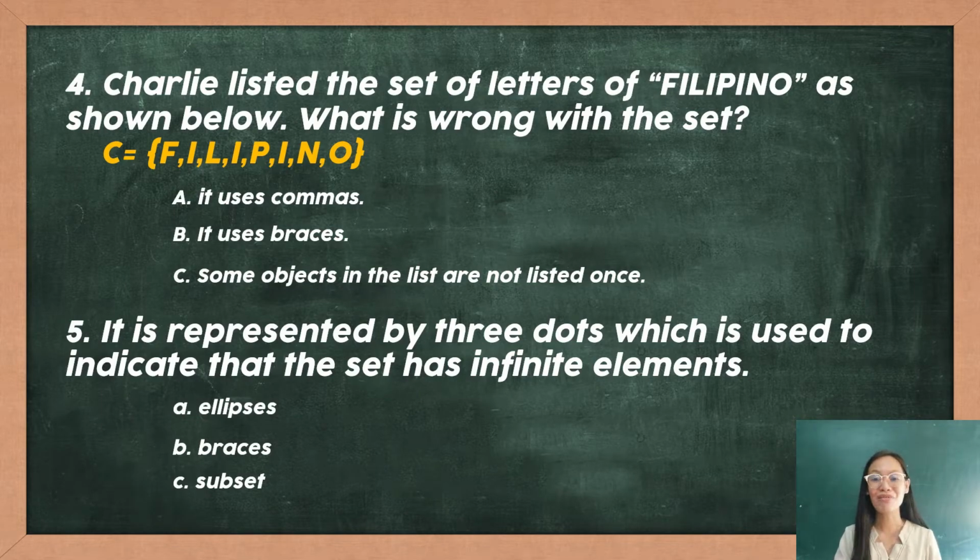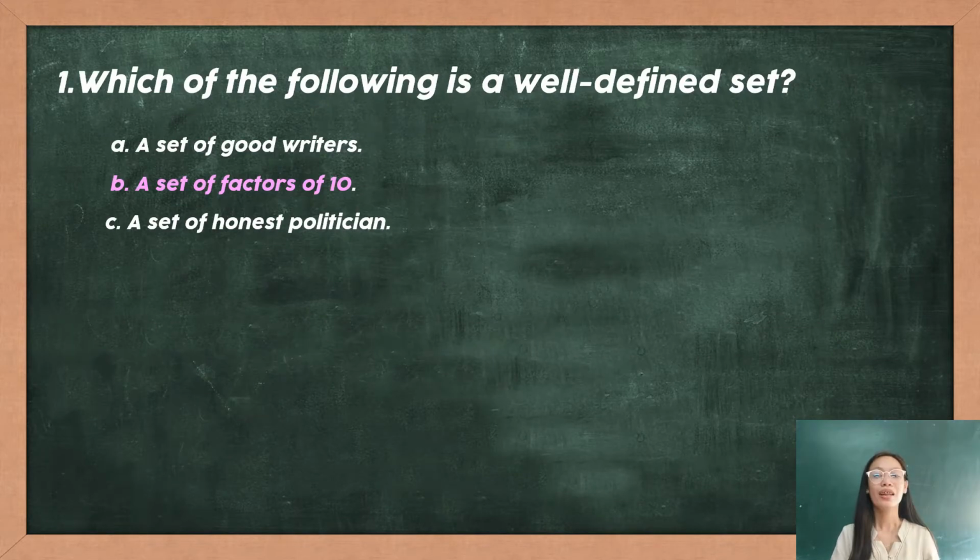Alright, time is up. It is time to reveal the correct answers. Here are the correct answers. In number 1, a set of factors of 10 is a well-defined set. Letter A and C are wrong because good writers and honest politician are subjective.